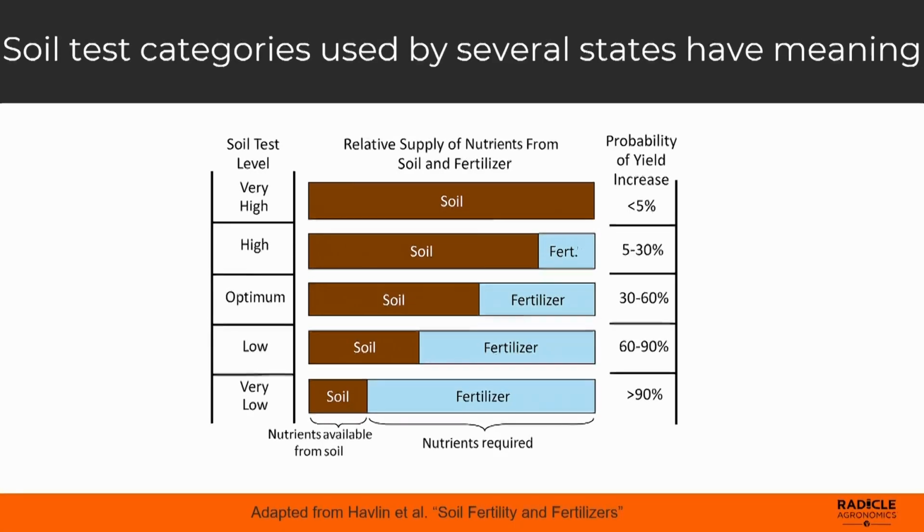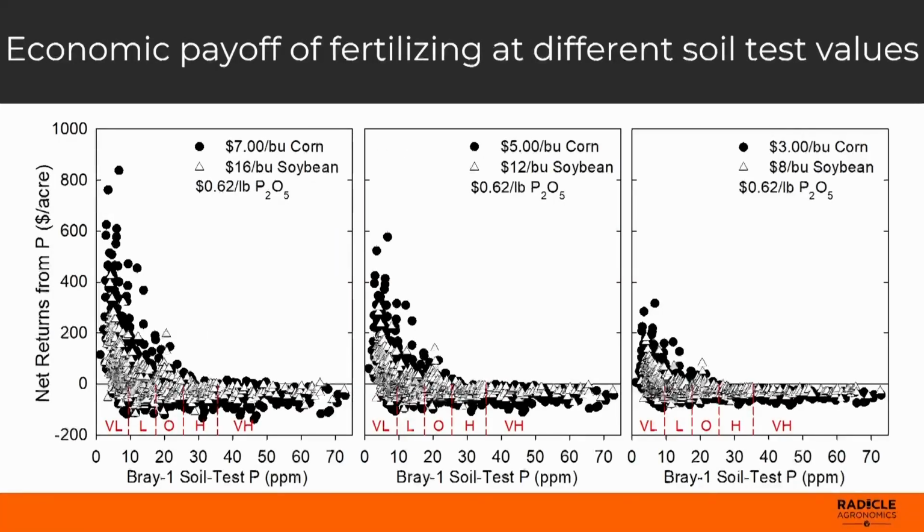And if you have a very low soil test level, you absolutely are going to have a response to applied nutrients. So they break it down and say, at a given soil test level, how much is the soil supplying? How much do I need to add in fertilizer? Well, that's cool. It's the risk, right? What percentage of the time you're going to get a crop response? But you also have to look at, am I making money by fertilizing, right?